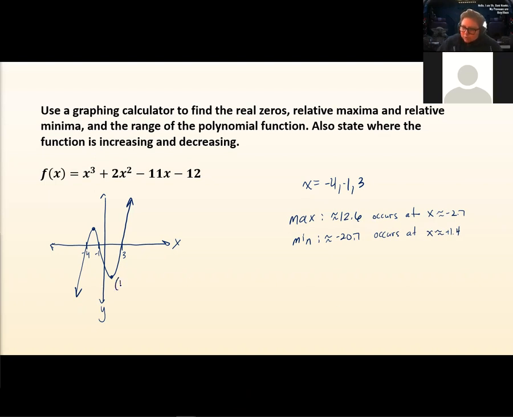I'll put that 1.4, -20.7, and -2.7, 12.6. We go.